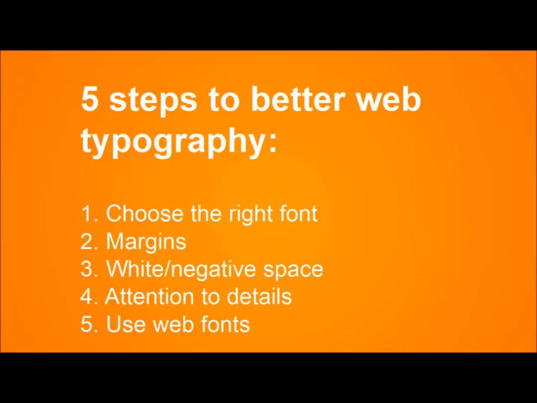And I didn't mention this before, but the line spacing, the line height of the text, is very important too. You want to have enough space between your lines of text, but not so much that the text doesn't feel like it's together.